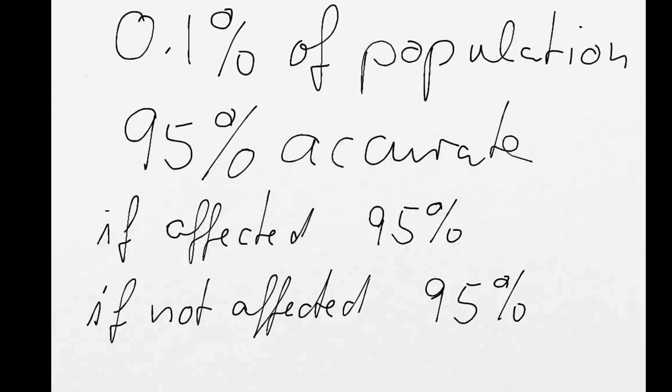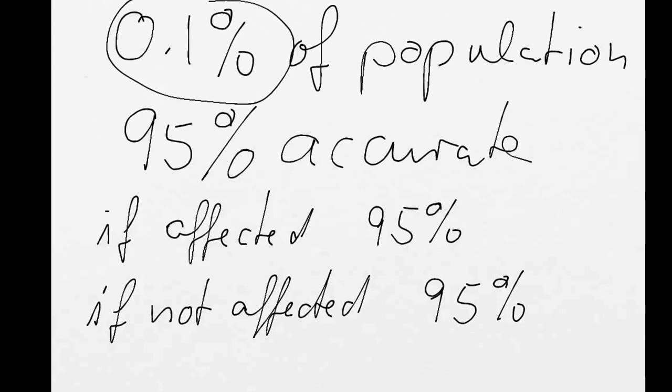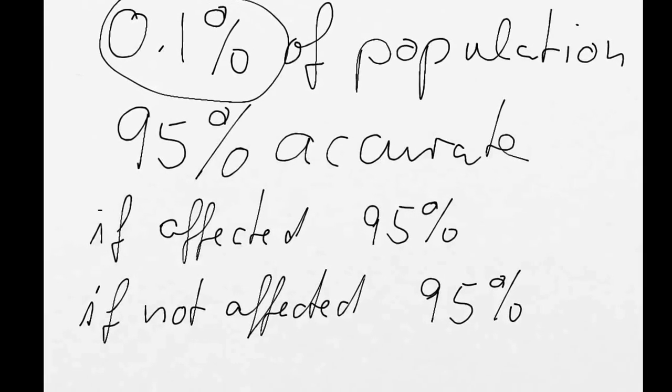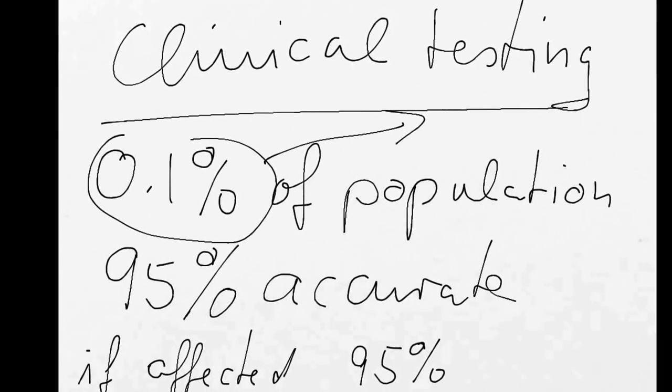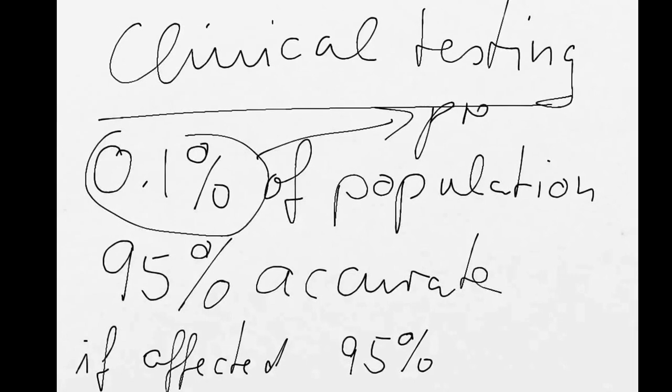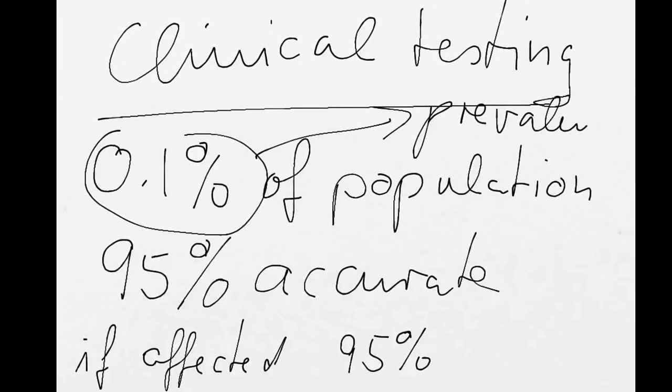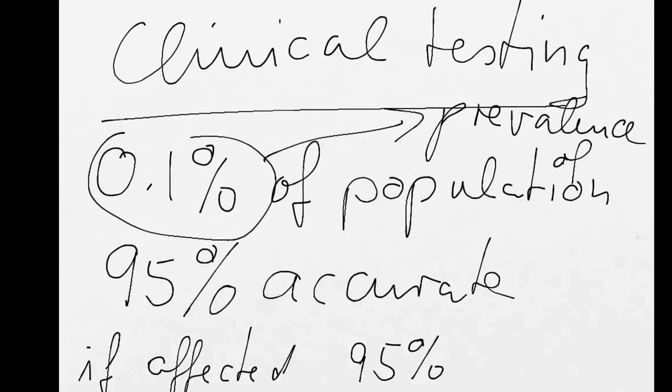The first point that I want to make is a definition. I told you that this disease affects 0.1% of the population. This is actually called the prevalence of the disease.